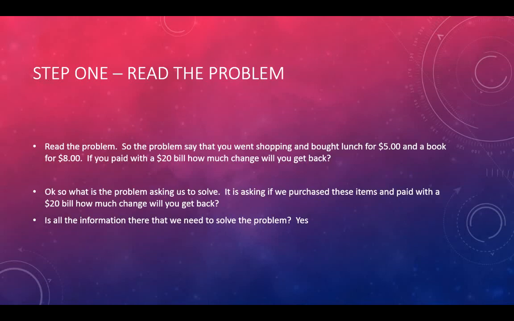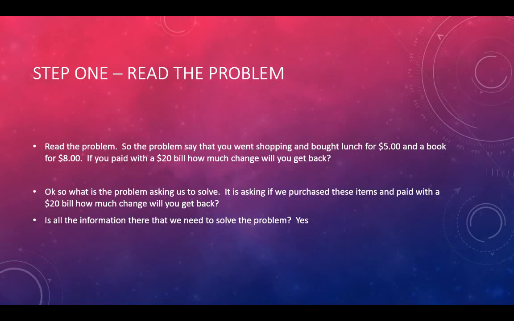Step 1, read the problem. So the problem says that you went shopping and you bought lunch for $5 and a book for $8. And you paid with a $20 bill, and they want to know how much change you will get back. So what is the problem asking us to solve?